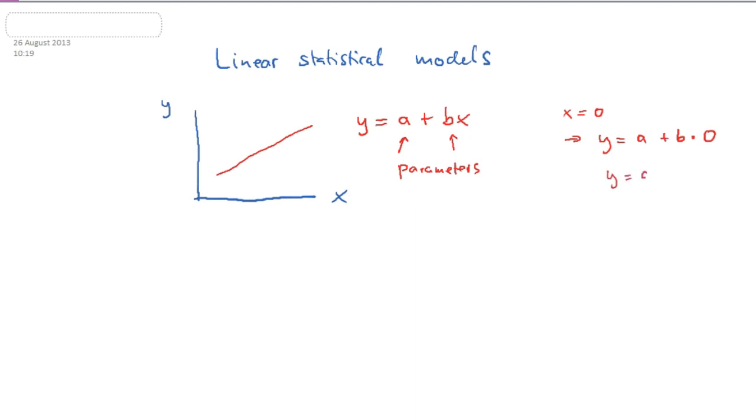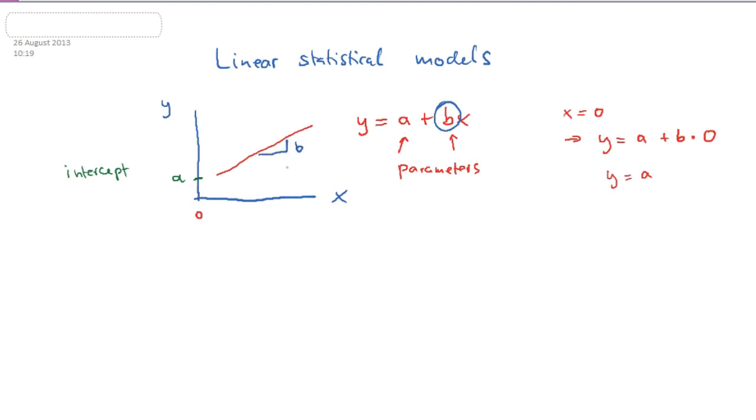So y equals a. So if this is 0 here on the graph, then a is the value where the line intersects with the y-axis. And this is the so-called intercept. And the second parameter, which is the b one, this is the so-called slope.